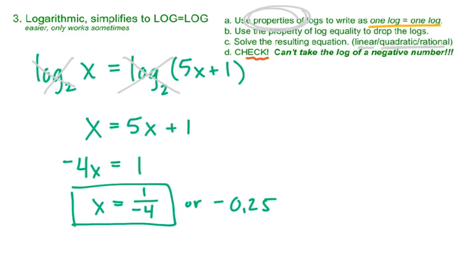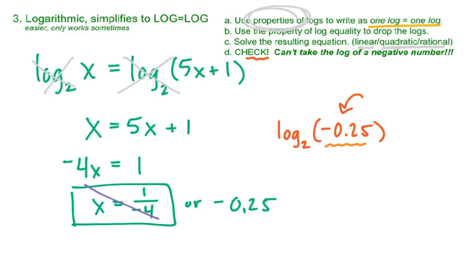If I try to plug that in, log base 2 of negative 0.25, or negative 1/4, my argument is negative. What we previously learned about logarithms is that the argument cannot be negative. It's not allowed. So in this situation, we end up with a problem that has no solution.